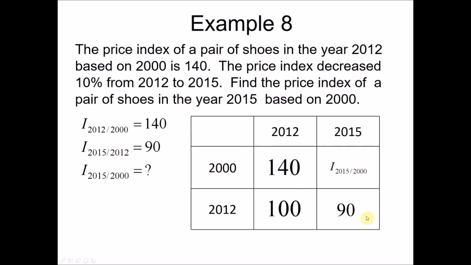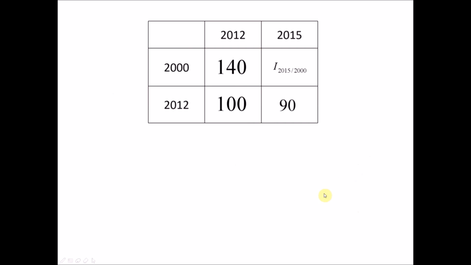For this example, all the information of the price index is given. For some questions, you have to calculate the price index by yourself. Now, using this table, we can find this value. This is a shortcut method where 140 divided by 100 equals this value divided by 90.